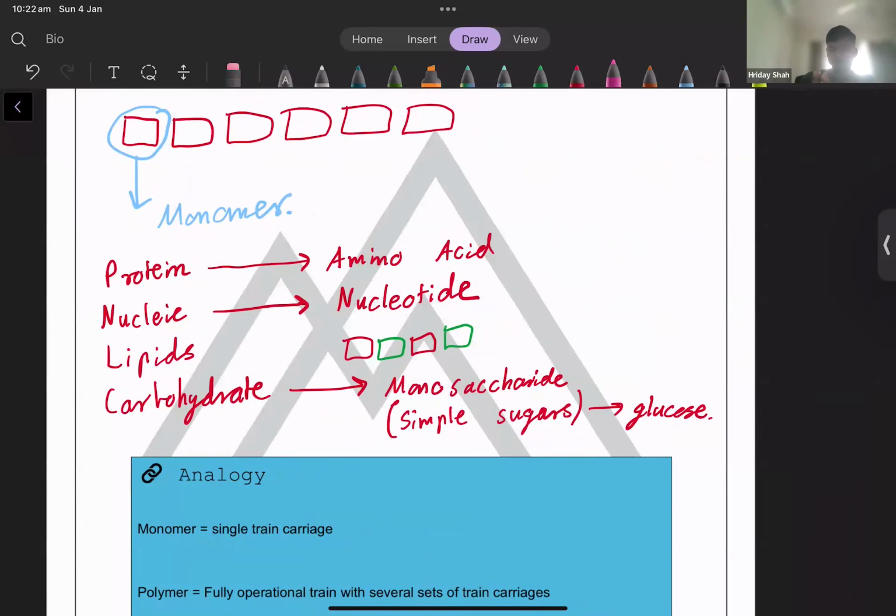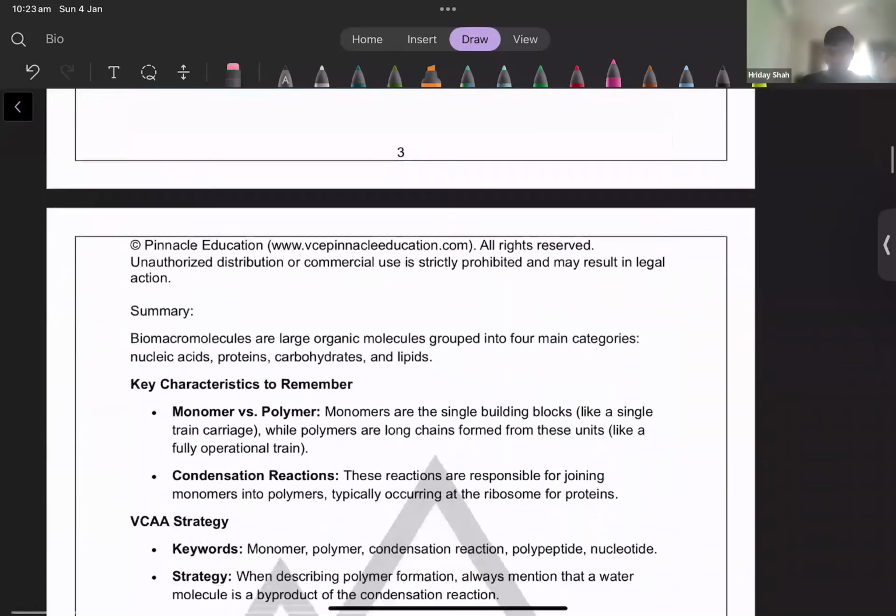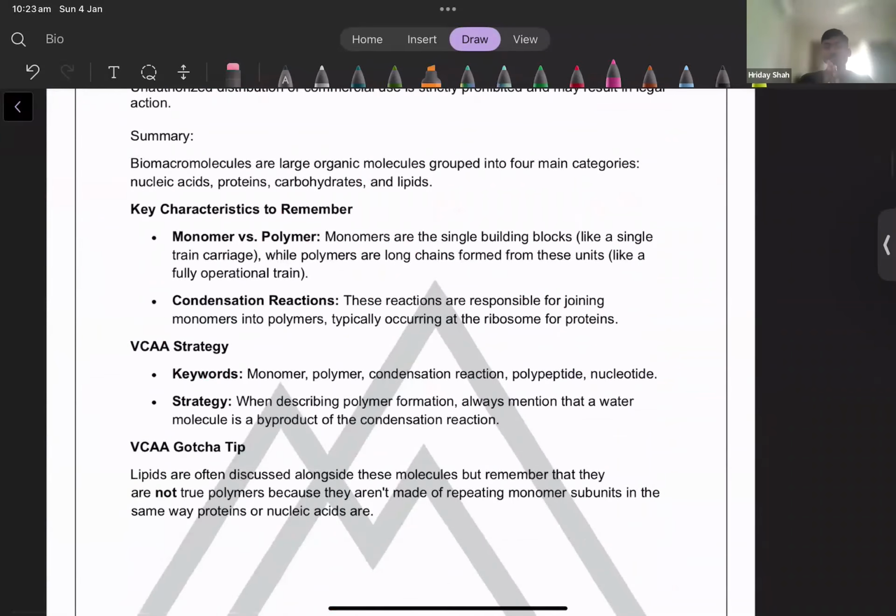Now, it's very important for you to know at least these three. If we want to ignore lipids, that's fine. But we need to know what the monomer is and what biomacromolecule it makes up. Okay, so that's a very quick intro, I guess, as background.